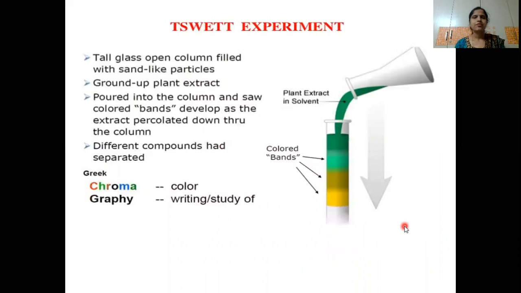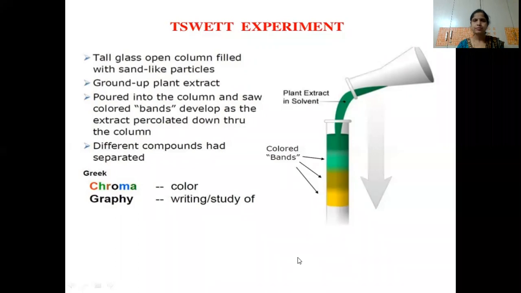Now this chromatography was first invented by the scientist Michael Sweat. What he did was an experiment where he took a plant extract and poured it into a column. This is a column, okay. He poured it into the column where calcium carbonate is filled. Here the calcium carbonate acts as the adsorbent.